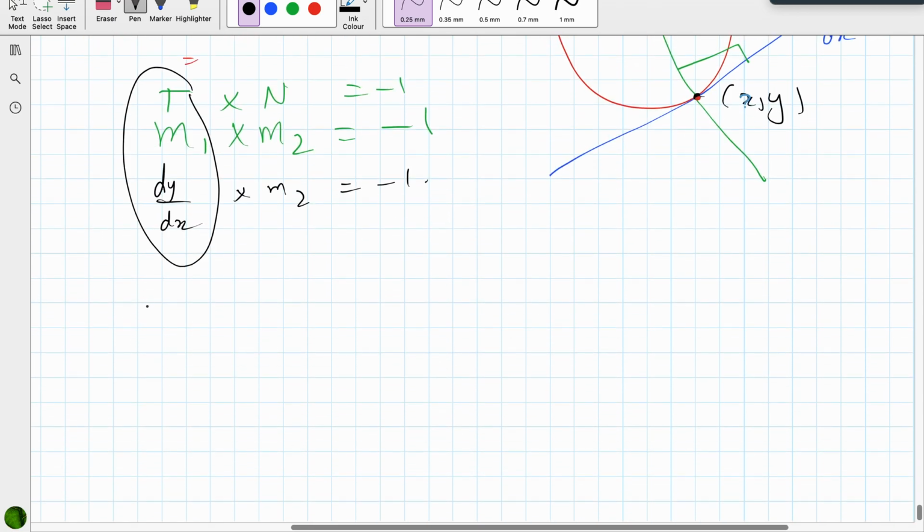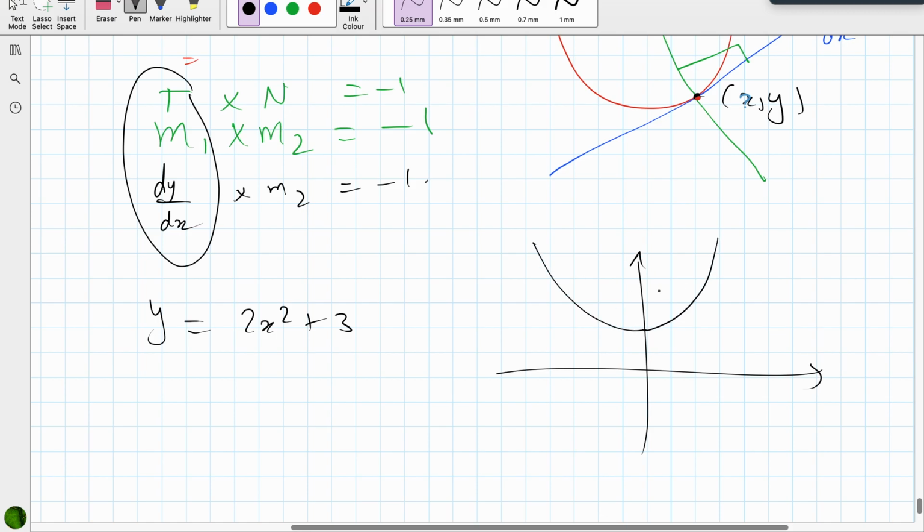So example, y is equal to 2x squared plus 3. A quick sketch. So this is 0, 3. It says find the gradient when x is equal to 3.